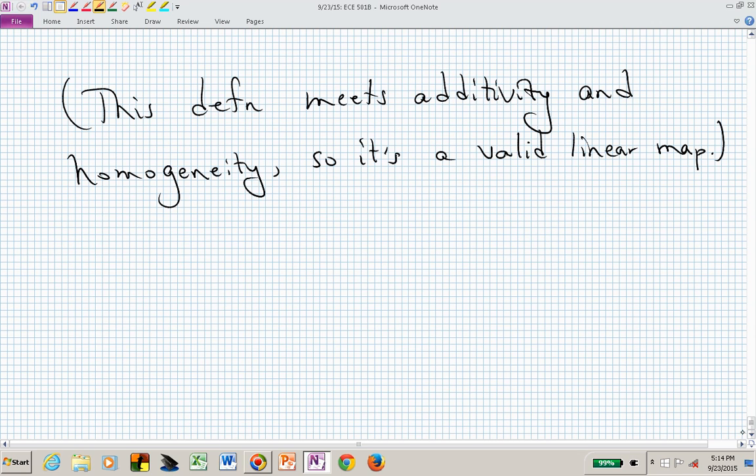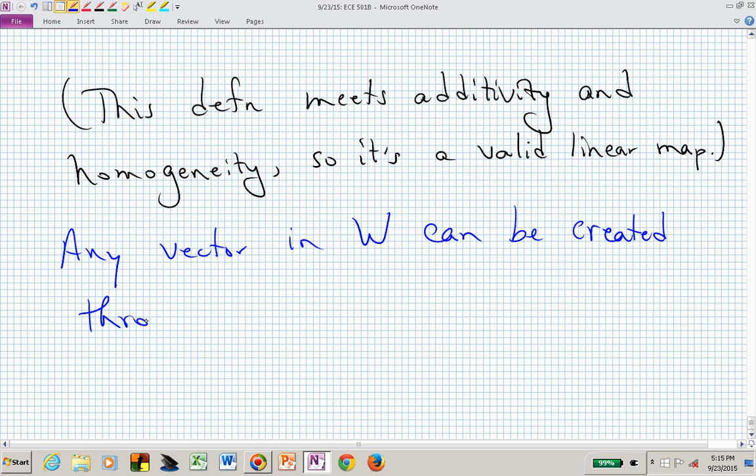Now what we do know is any vector in W can be created through the appropriate choice or choices of these A sub i's.